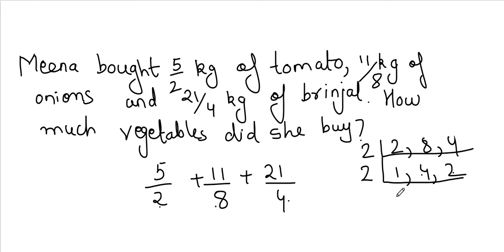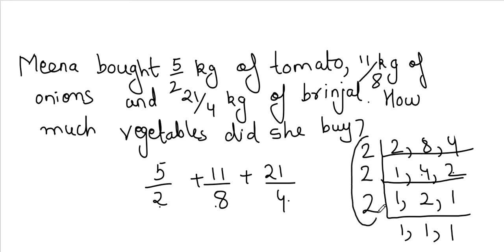So 2, you write 1 as it is. 2 twos are 4 and 2 ones are 2. Next we are remained with 2. So 2, 1 we will write as it is. 2 ones are 2 and 1. So all these three numbers we will multiply. 2 twos are 4, 4 twos are 8. So my denominator should be 8.